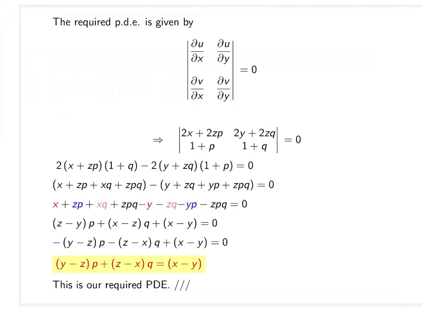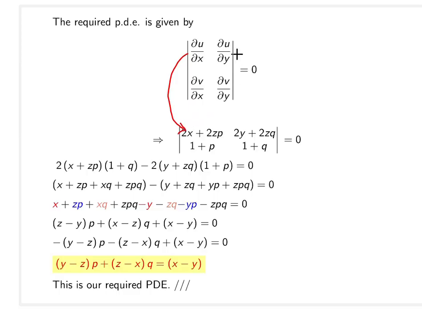The required PDE is given by the modulus of the determinant of dou u by dou x, dou u by dou y, dou v by dou x, and dou v by dou y. We already found these results, so we can replace them here. Instead of dou u by dou x, we write 2x plus 2z into p.